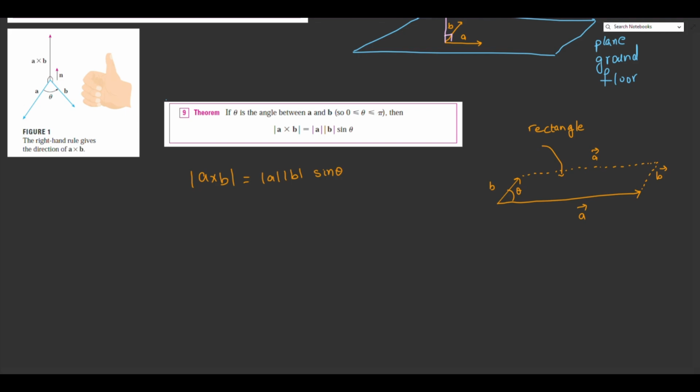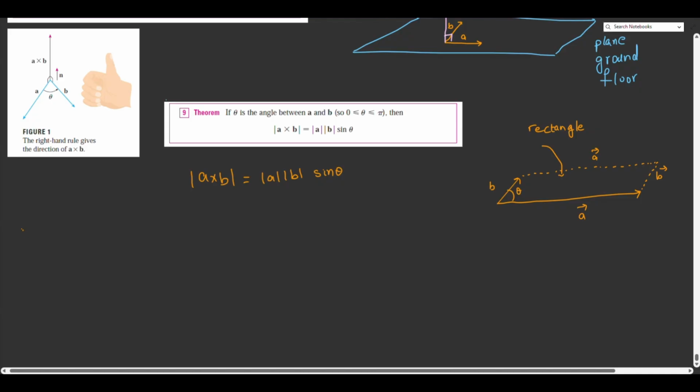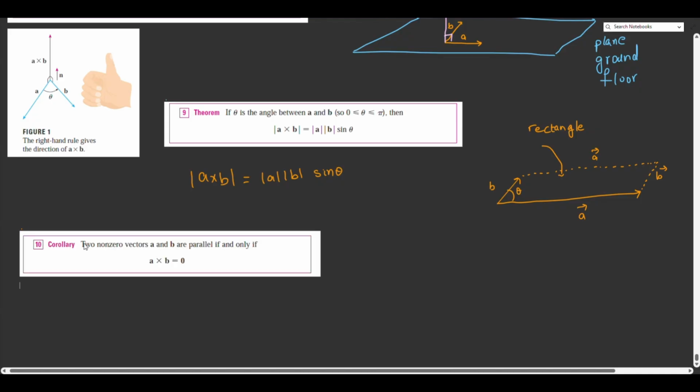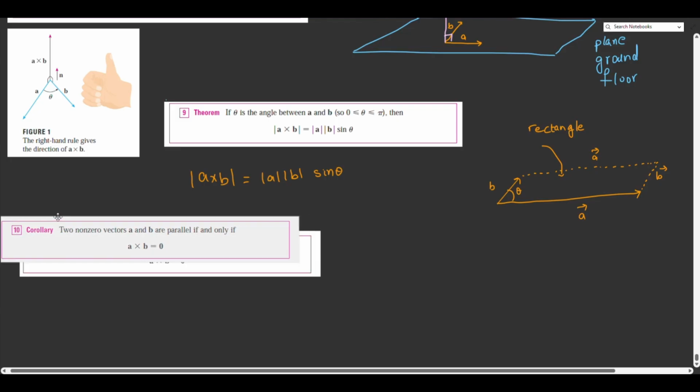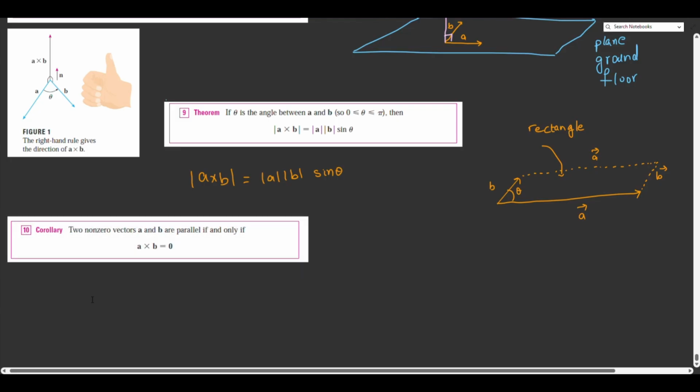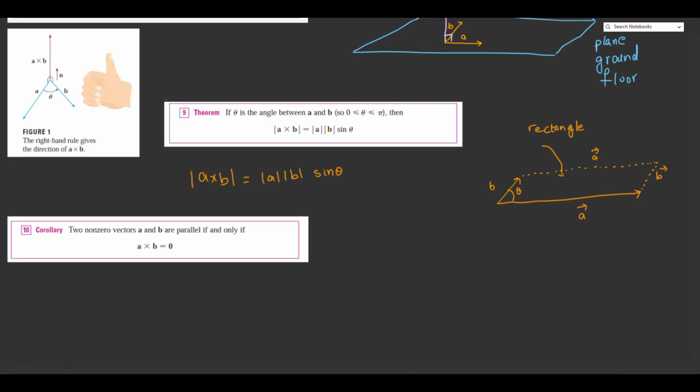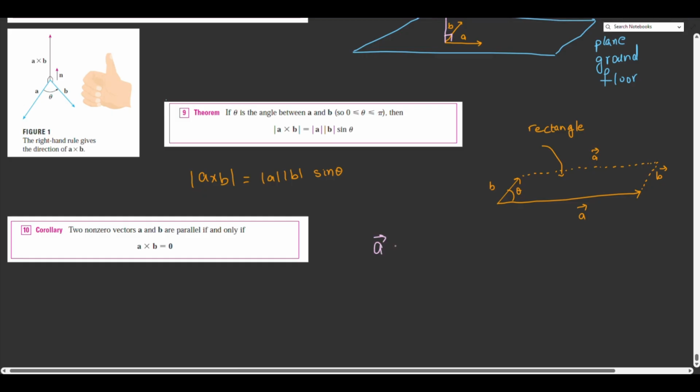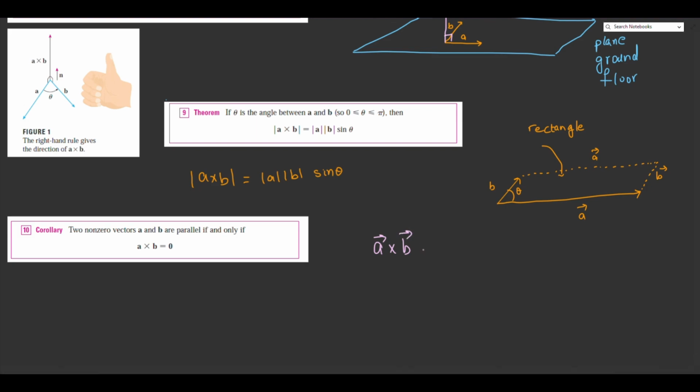The next definition is the following. Suppose we have two vectors and we find the cross product of A and B, and our answer is equal to 0.